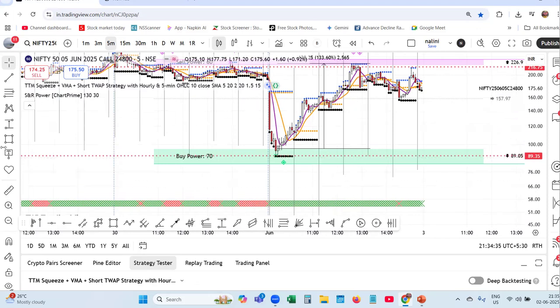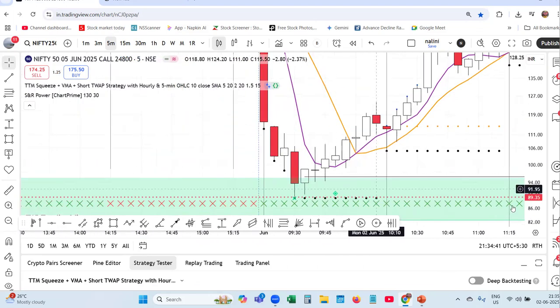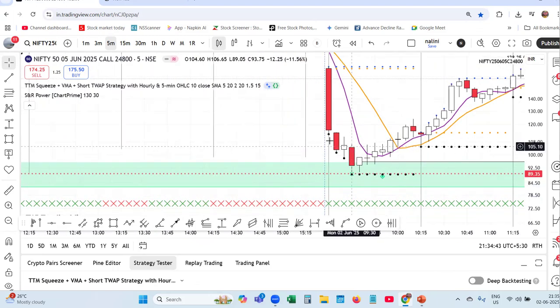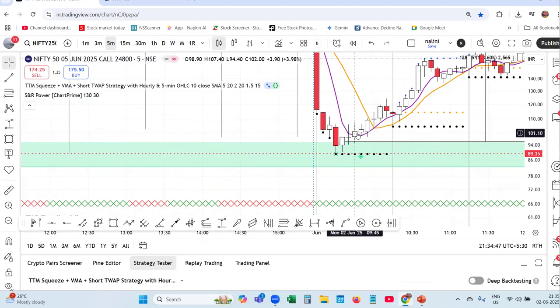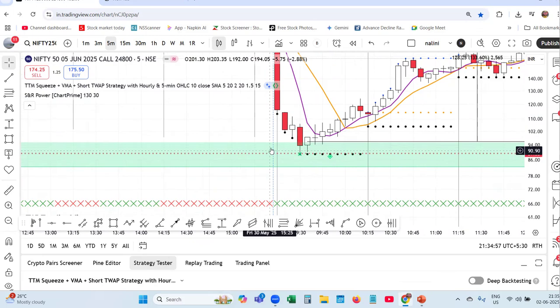How will you prepare for that? See, indicators are lagging indicators because they have to take the data from the price action. Price action has to transfer it to the indicator and the indicator has to plot it. Before that, you can see the price action over here.